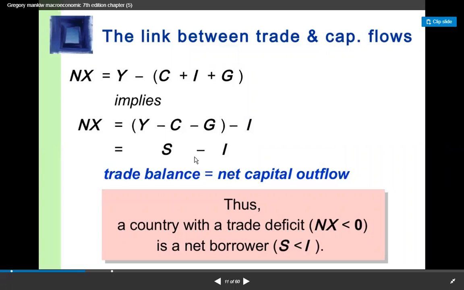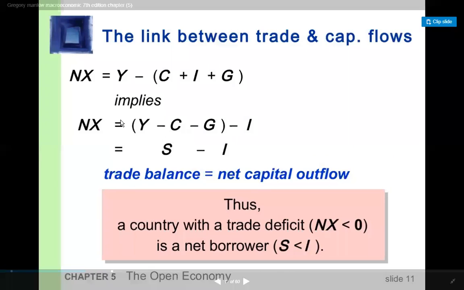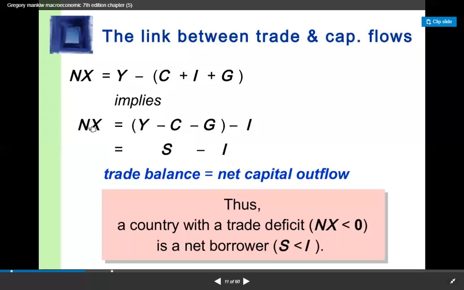Definitely the minus sign is greater than the positive sign. That is the net borrower. So trade deficit means that the country will be a net borrower.